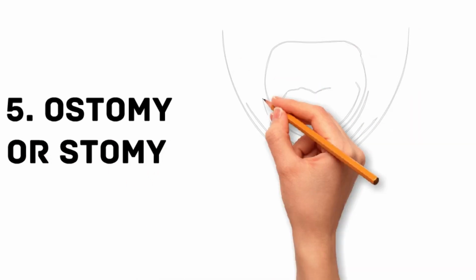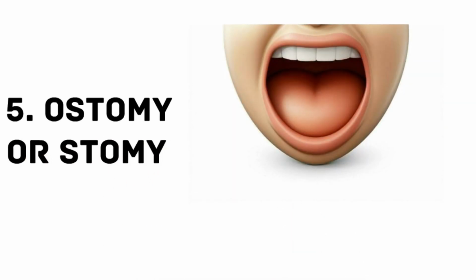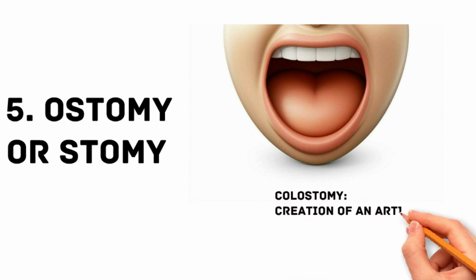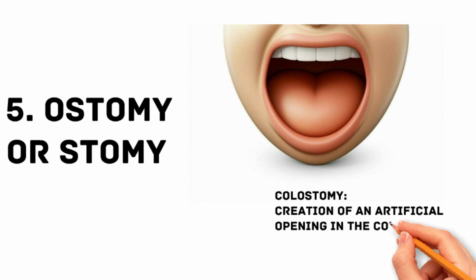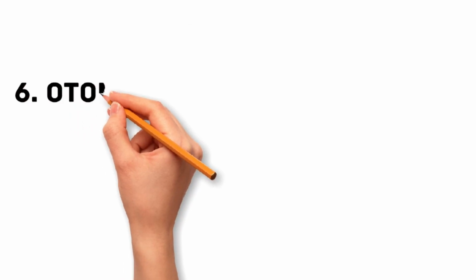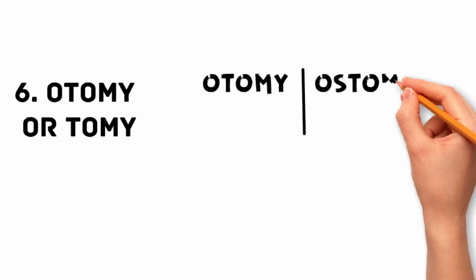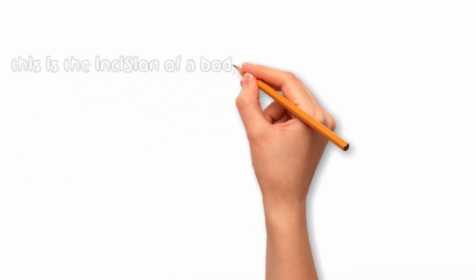5. Ostomy or stomy. This is from the word stoma, which means mouth or opening, so this is the formation of a hole or opening in a body part. Example, colostomy, creation of an artificial opening in the colon. 6. Otomy or tomy. Note the difference between otomy and ostomy. Otomy is the incision of a body part, but no body part is removed.